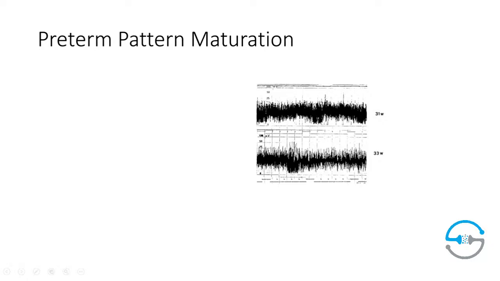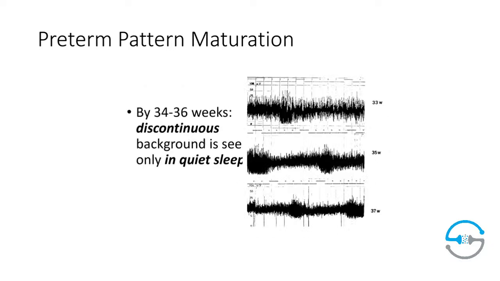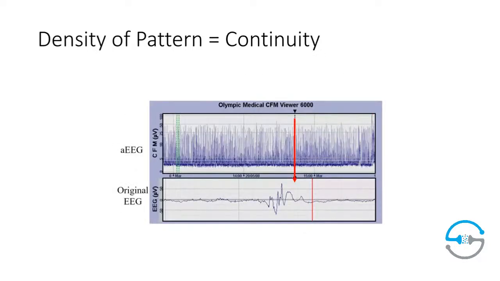So the lower margin being up to 5. So as age increases, continuous activity increases, the lower margin increases. That is exactly what we want to see. And then by 34 to 36 weeks, we see discontinuous only during that quiet sleep pattern, which is, again, normal. That's the term pattern.